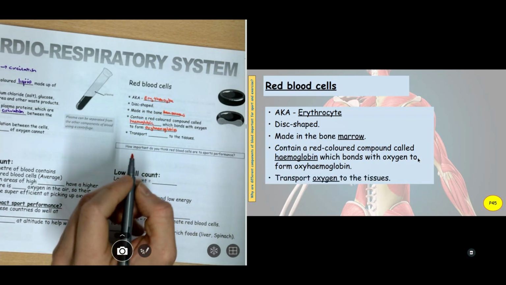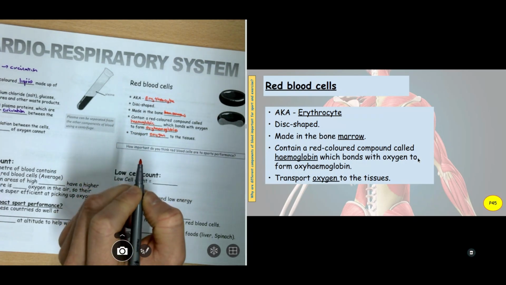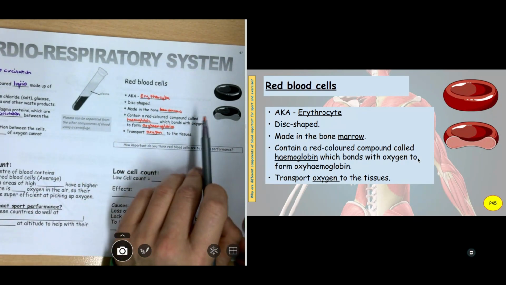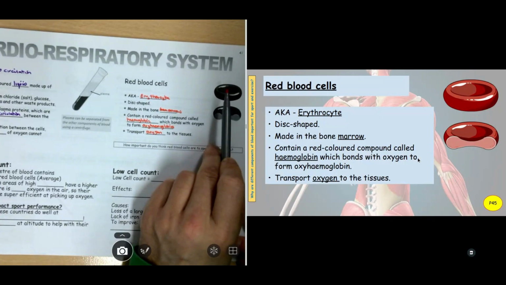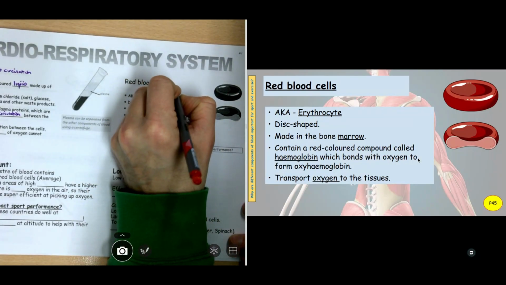And that's important for us to transport oxygen. So you can see the picture on there, they're kind of like a disc shape. There's a space for the oxygen molecules to sort of sit in there, and they transport oxygen around the body.